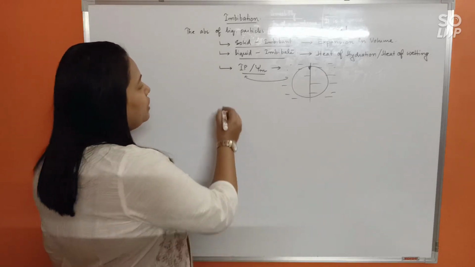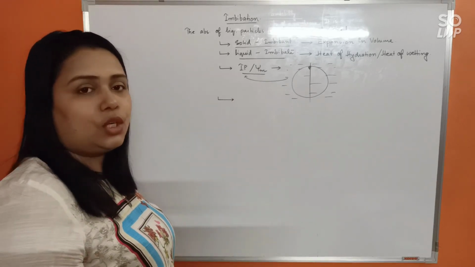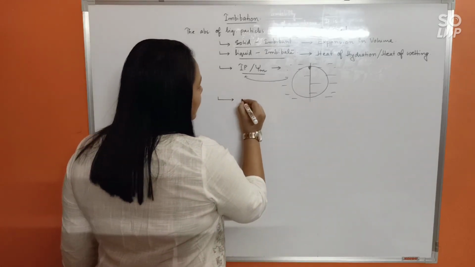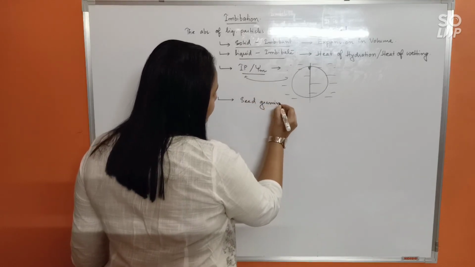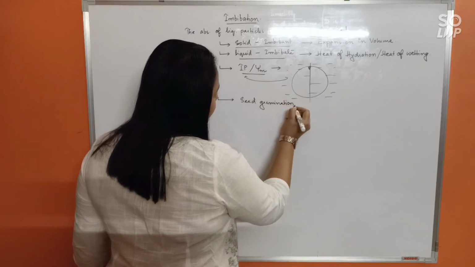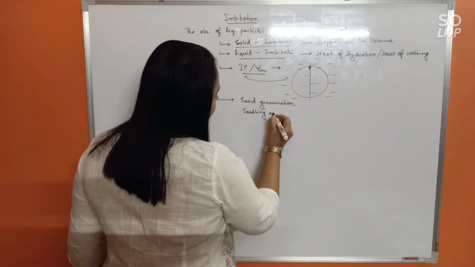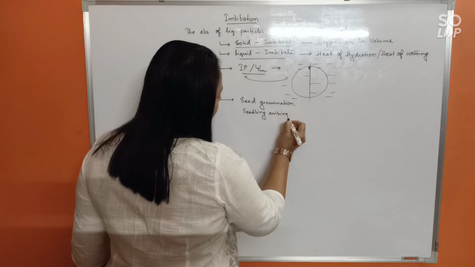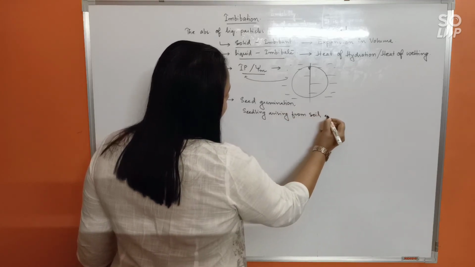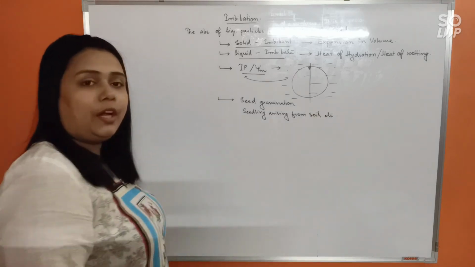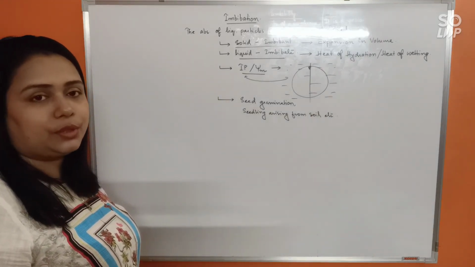So imbibation is responsible for various important phenomena that happen in your day-to-day life, like seed germination, seedling arising from the soil, etc. Alright, these are important examples of imbibation that you can see all around you.